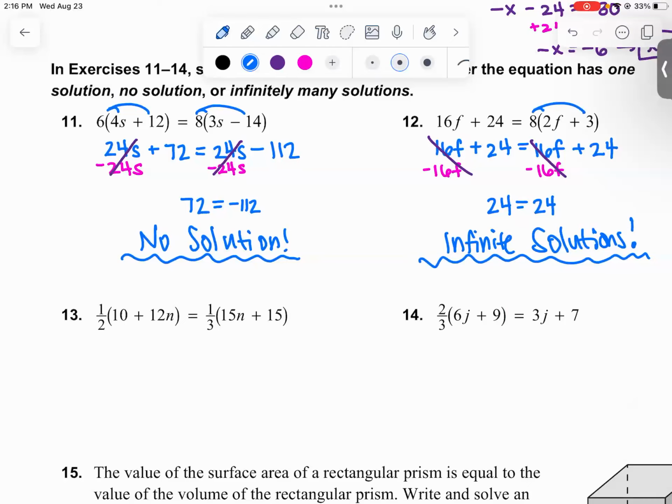No, never, ever does 5 equal 10. So that would be this case. I like that the wheels are turning. Numbers aren't the same, no solution. Okay. All right. So here's the deal.